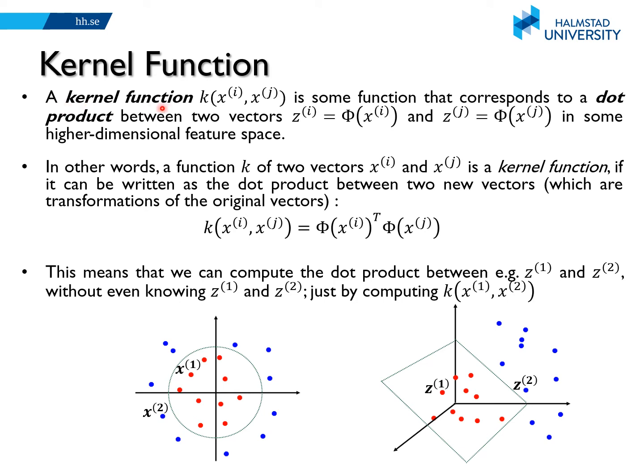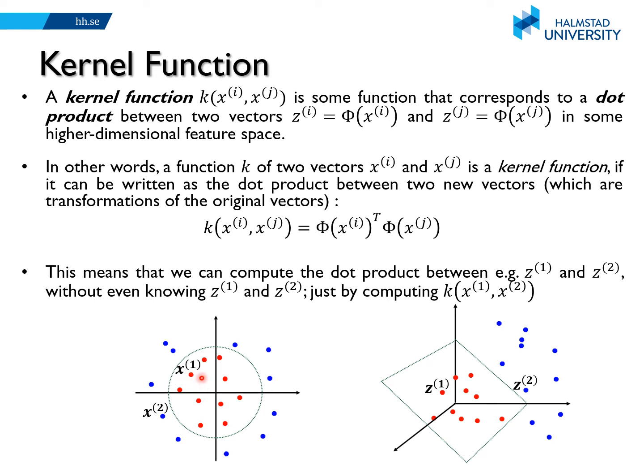So here, kernel function k that takes two data points, xi and xj, is just some function that corresponds to the dot product between two vectors, zi and zj. And zi is a higher dimensional vector corresponding to the original data point xi, and zj is the higher dimensional vector corresponding to the original data point xj.